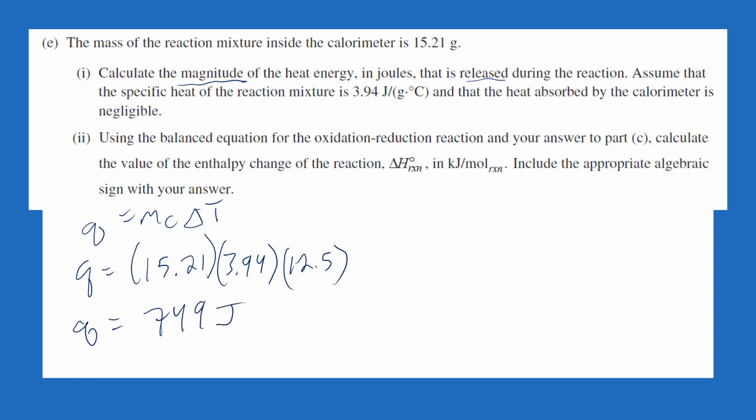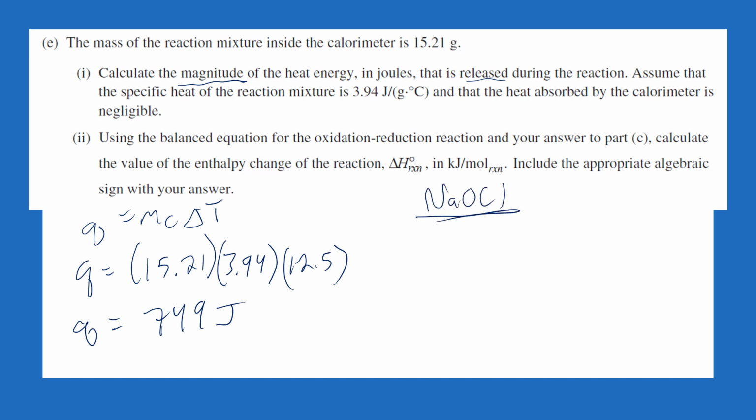Then it says, using the balanced equation for the oxidation reduction reaction and your answer to part C, calculate the value of the enthalpy change of the reaction in kilojoules per mole reaction and include the appropriate algebraic sign with your answer. So the important part here was that we determined that NaOCl was our limiting reactant.